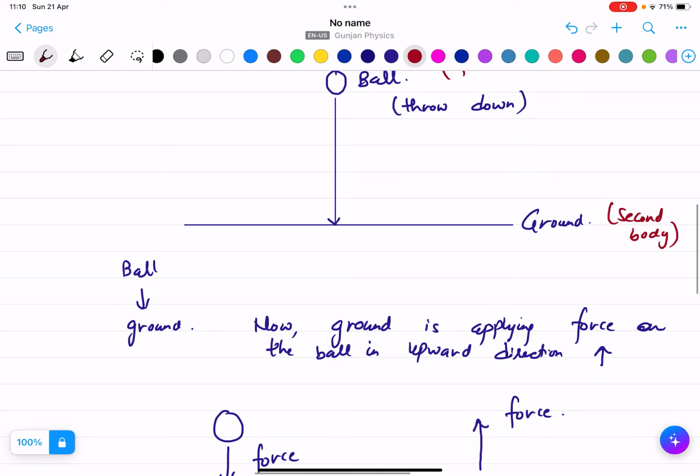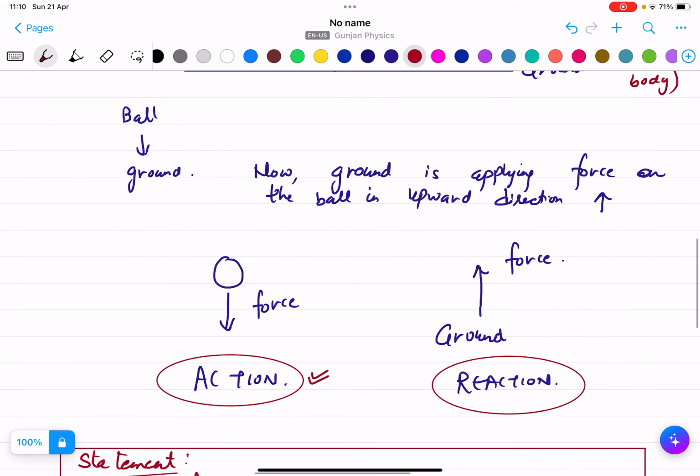So the ball is doing an action, and reaction is also a force exerted by the second body, that means the ground, onto the first body, that means on the ball, right?